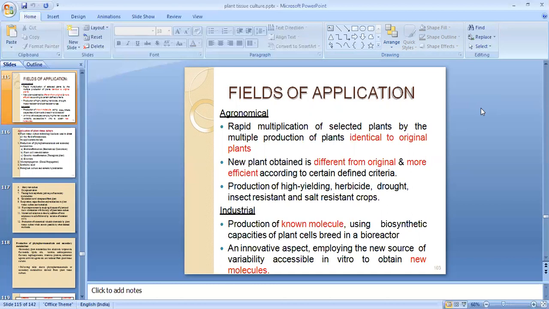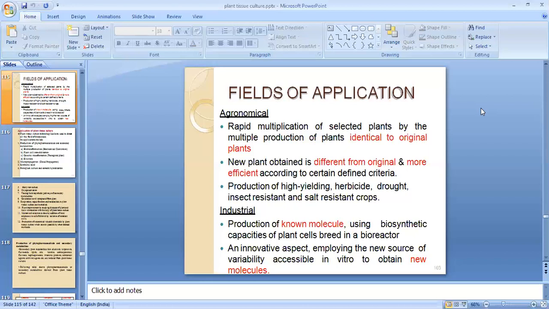So in that context, if you see the applications, that means what are the uses of this plant tissue culture? It plays an important role in different fields.